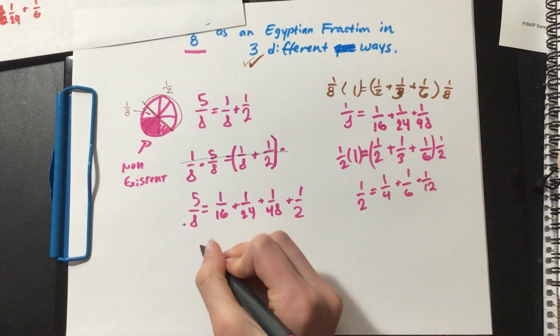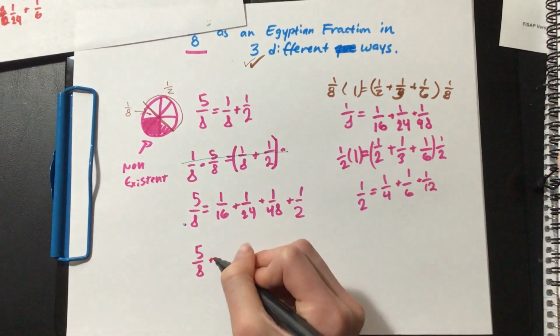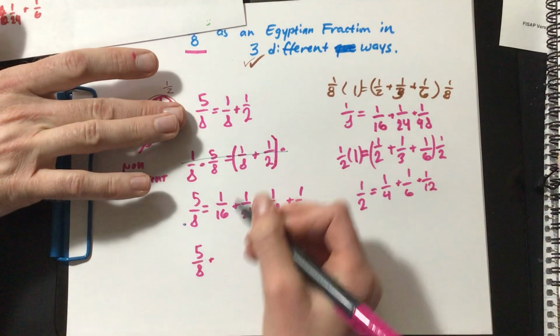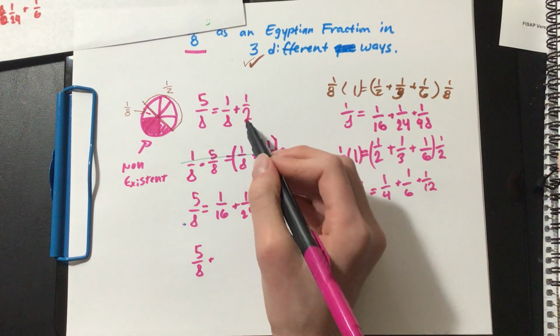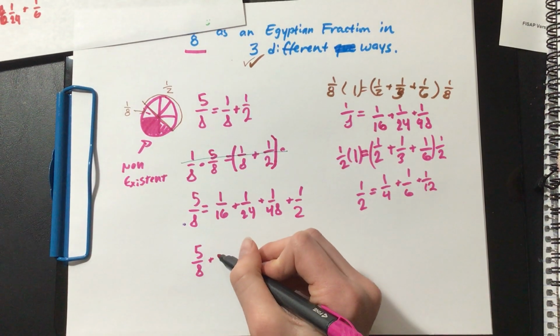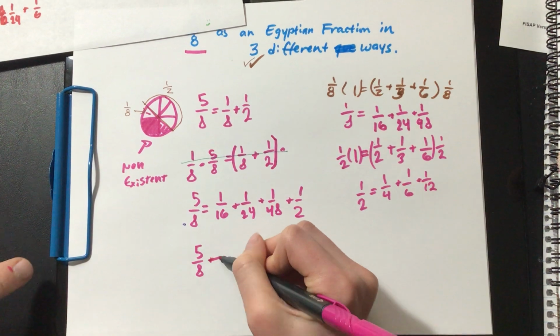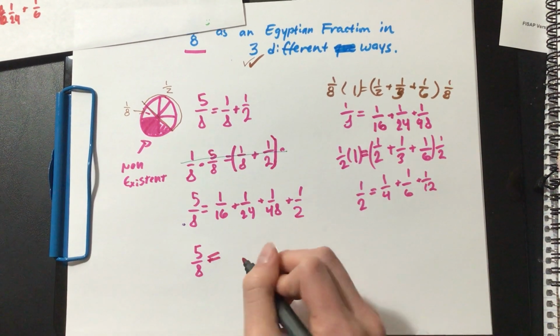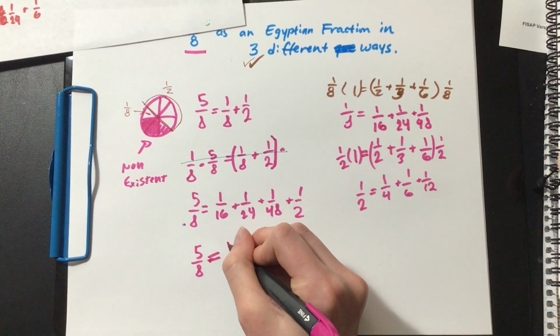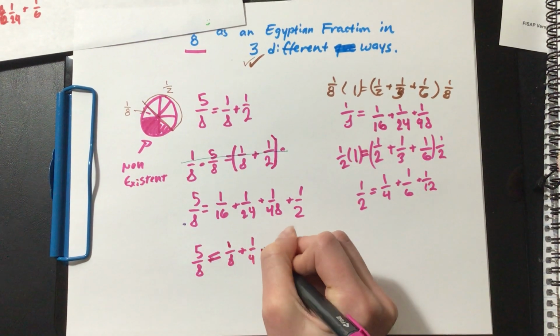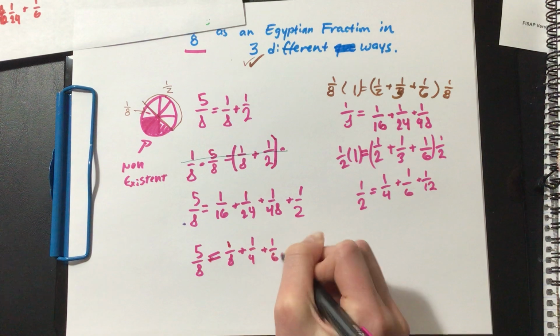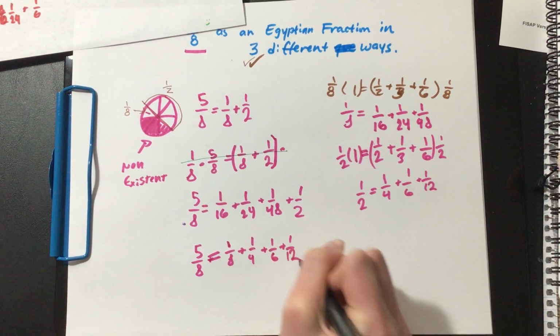So we plug that in, and it's 5/8. Where are you plugging in? Are you plugging it into the first one, or are you plugging it into the second one? I'm plugging it into the first one. Okay, gotcha. So 5/8 is equal to 1/8 plus 1/4 plus 1/6 plus 1/12.